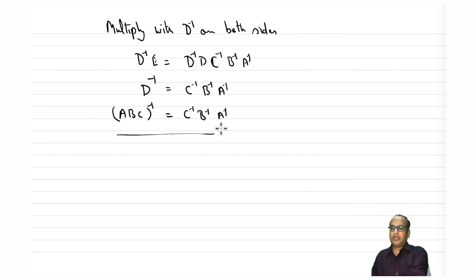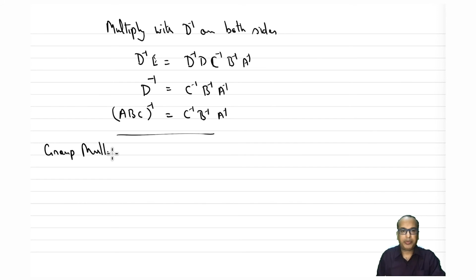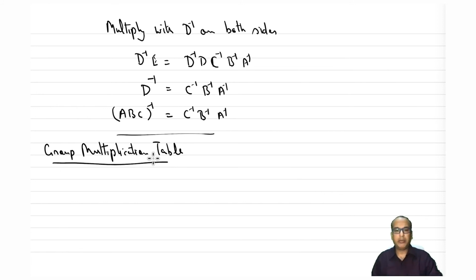So now let us go to something called the group multiplication table. Why do we need to look at a group multiplication table? It is also abbreviated as GMT.